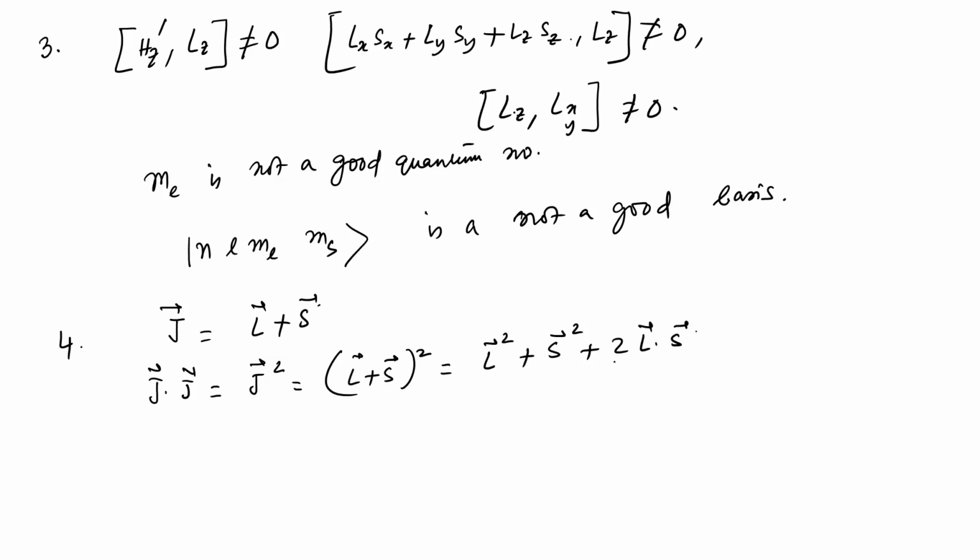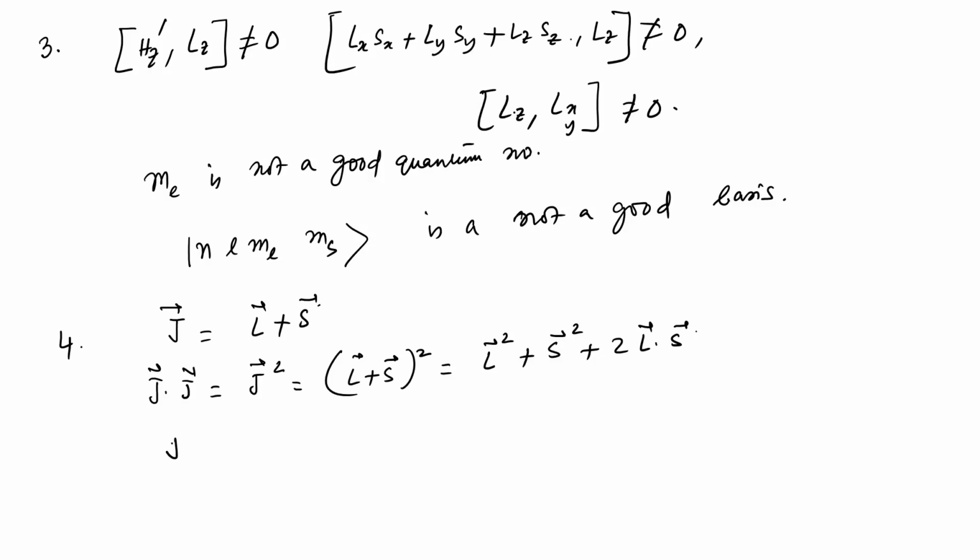I think you can convince yourself that L dot S and S dot L would commute, and it means that they can be added together to get 2 L dot S. In general, you should not use the (A plus B) whole square formula to expand the expression, because AB may not be equal to BA when A and B are arbitrary operators. In this particular case, L acts on the coordinate space and spin acts on the spin space, so L and S would commute.